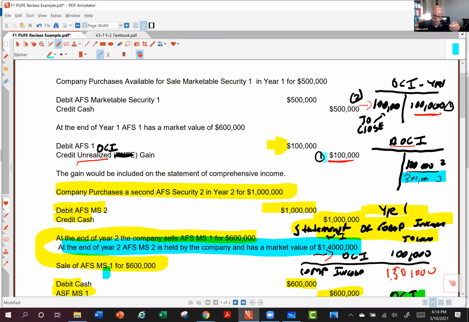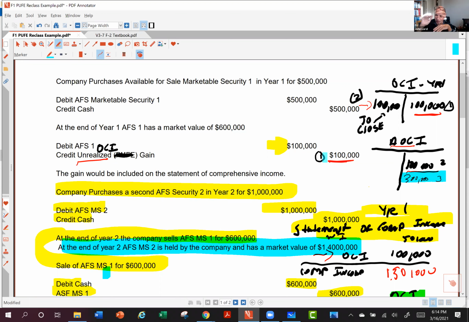So I showed you the way all this detail works back and forth, but just know that the adjustment for your other comprehensive income for the period is what is needed to bring the valuation allowance up to the balance that it needs to have, right?